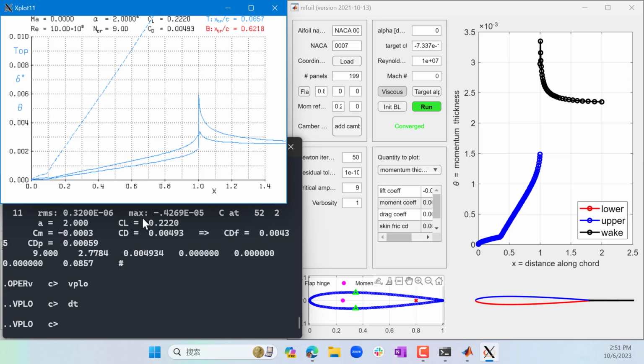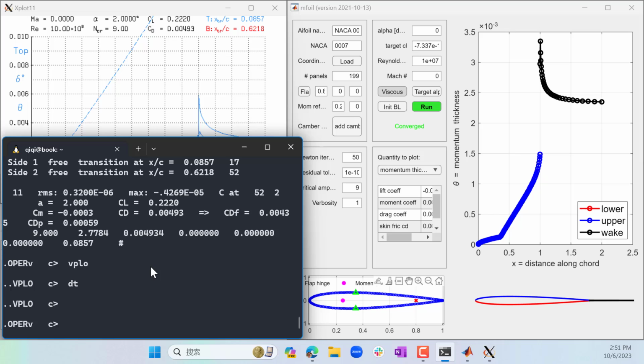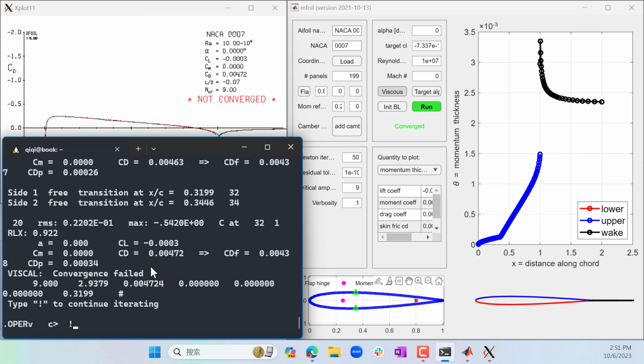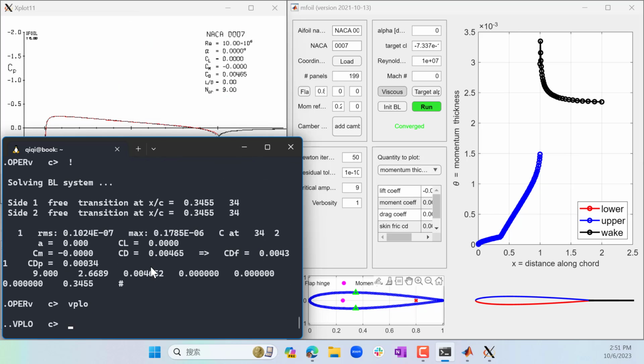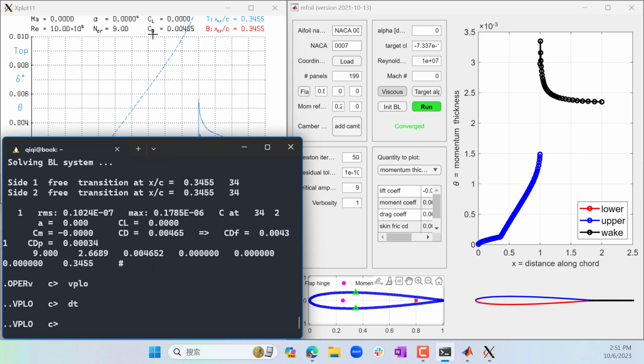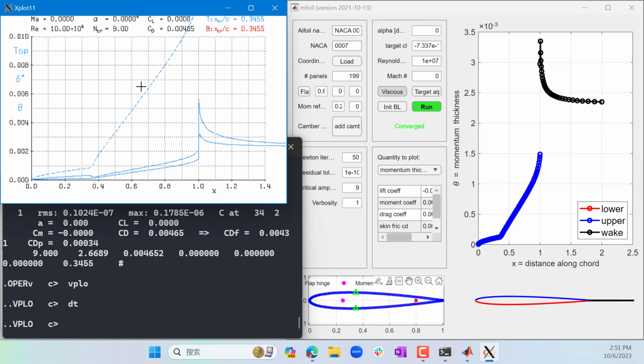displacement thickness. Let me actually do it at alpha 0, plot and dt, right? So that's for turbulent boundary layers. The 99% thickness is a lot higher, but the displacement thickness is not that much higher than the momentum thickness.